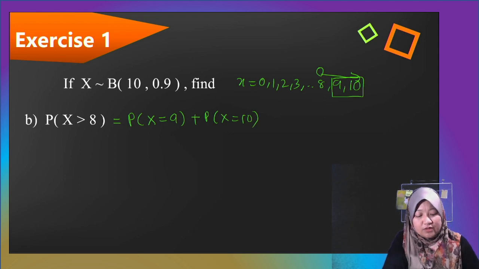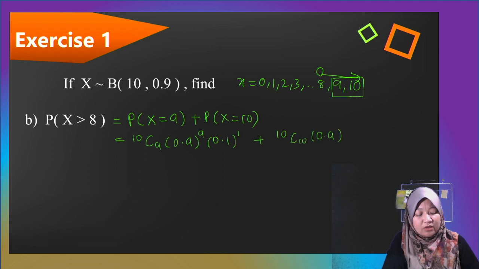So, by using formula 10C9, 0.9 power of 9, 0.1 power of 1 plus 10C10, 0.9 power of 10, 0.1 power of 0. Okay, so use your calculator.